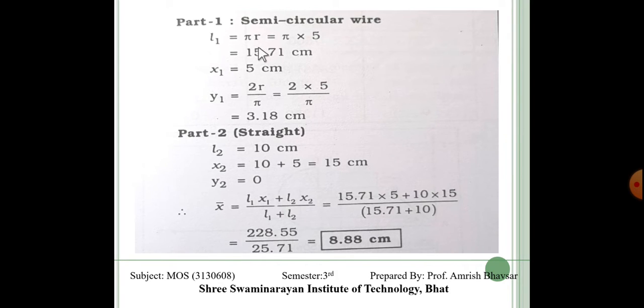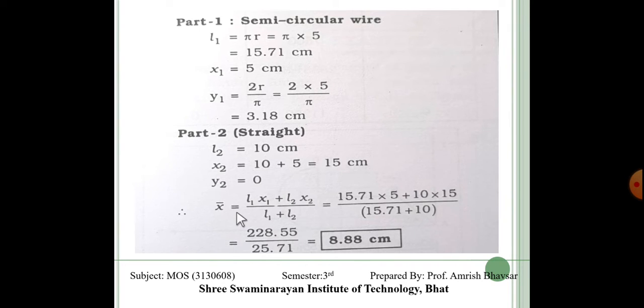Part 1, semicircular wire means it's half circle, it's a pi r, x1 5 centimeter and y1 2r upon pi. Again part 2, it's a straight line, 10 centimeter, x2 10 plus 5 and y2 it's 0.